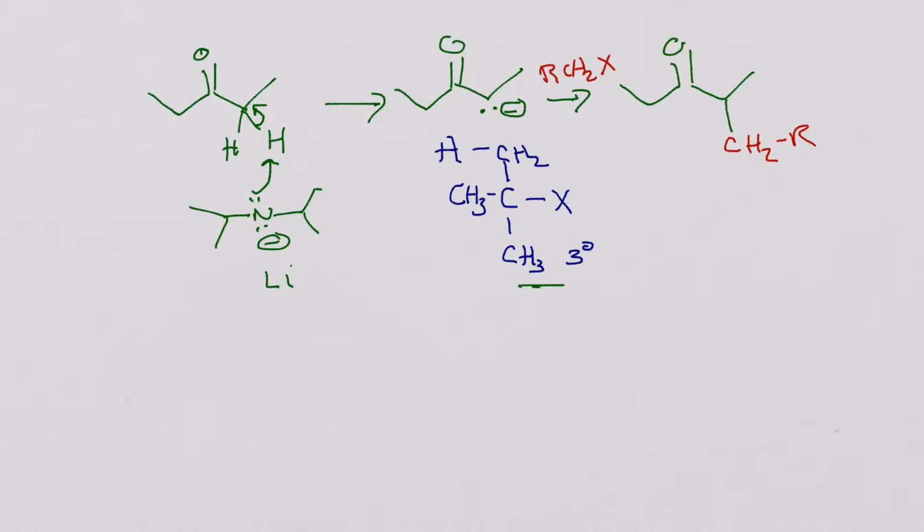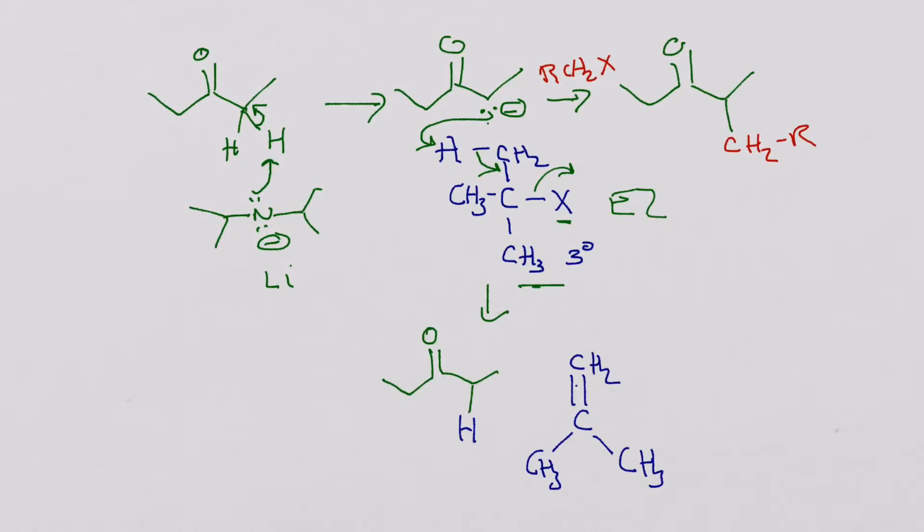So what's going to happen instead is this is going to grab one of the hydrogens, because it's a strong base, on the carbon bonded to the carbon that has the leaving group on it, and we're going to get an E2 reaction. So the product is going to be an alkene, and the other product is your protonated ketone, because all that happens there is just an acid-base reaction that results in the E2 elimination.